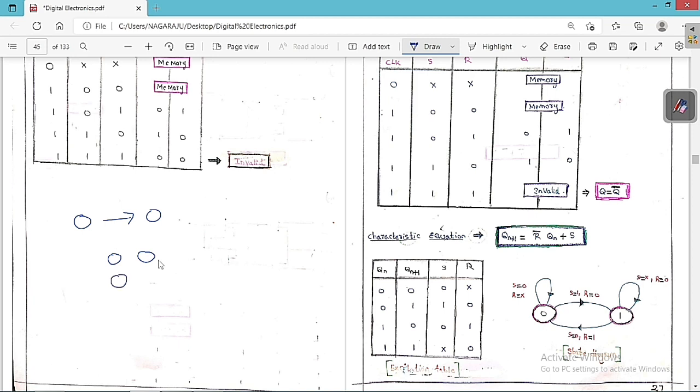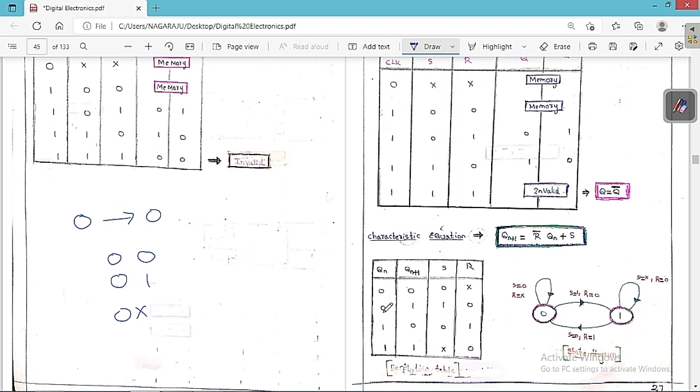If I give 0 1, then also you are going to get the same. So S is always equal to 0, but R can be 0 or 1. Finally we can say 0, comma x. Same thing I have written here, 0, comma x.